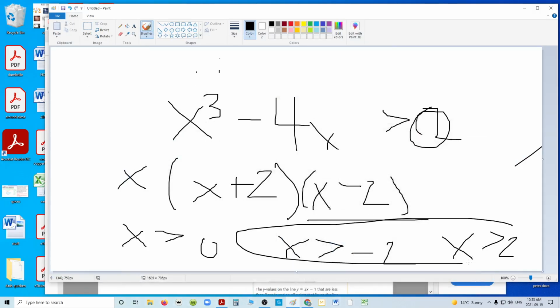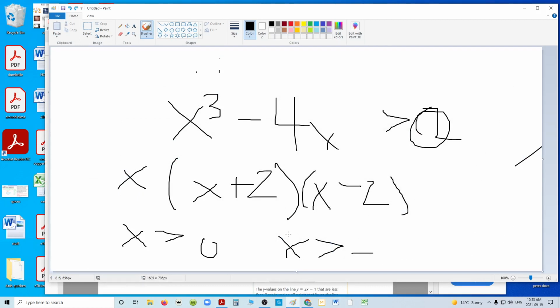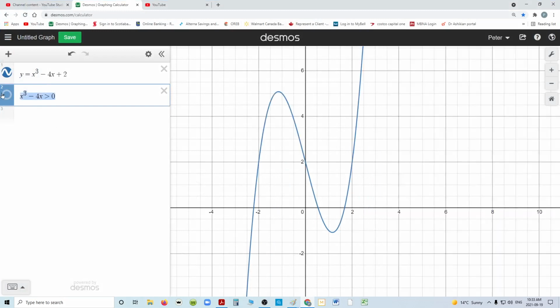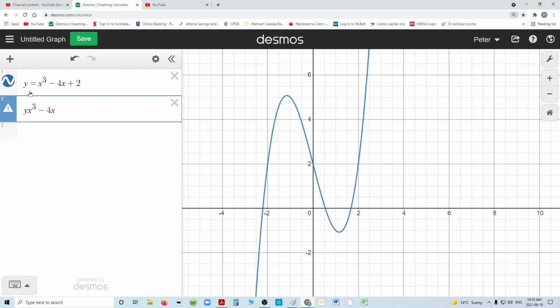Now, all of a sudden, you'll notice, all I've done is find the 3 areas where it's going to cross the graph. So let me just show you what the graph would look like if I subtract 2 from it.